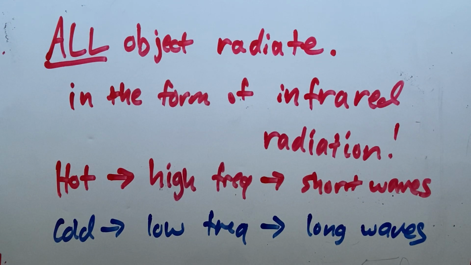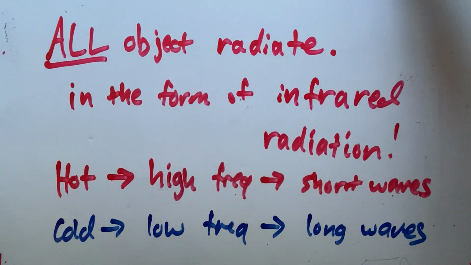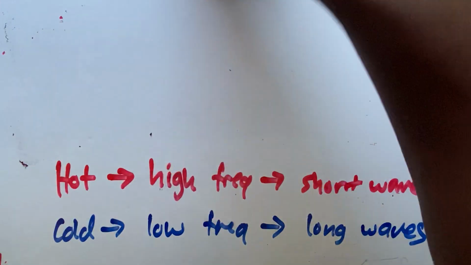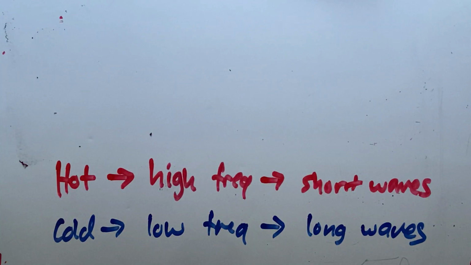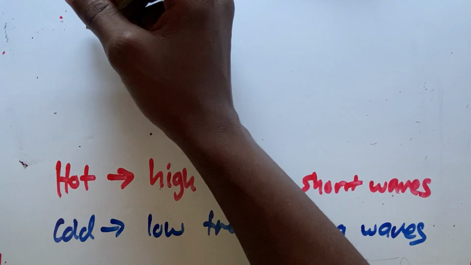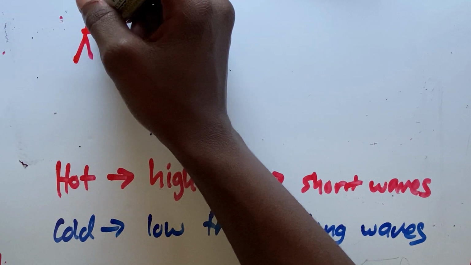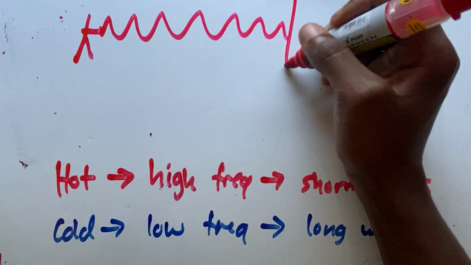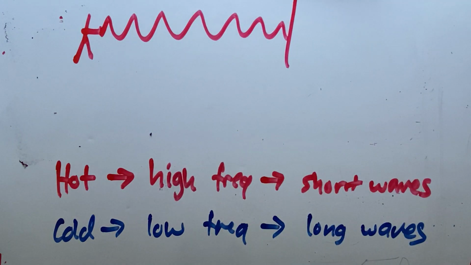All right, and then there's a little diagram or picture in the slides that looks something like this. So we have basically a girl holding a rope, and she's whipping it really, really fast.